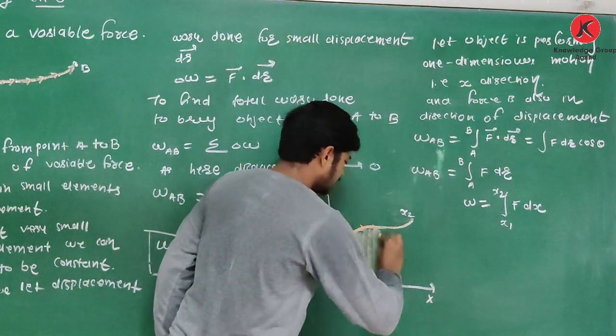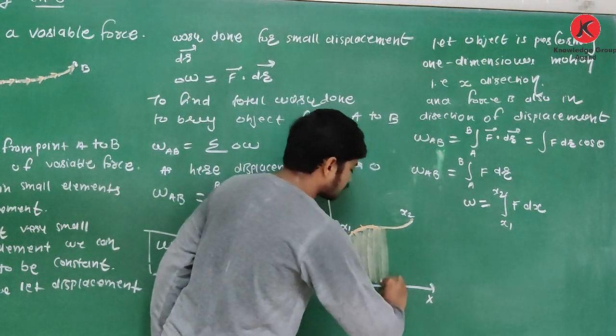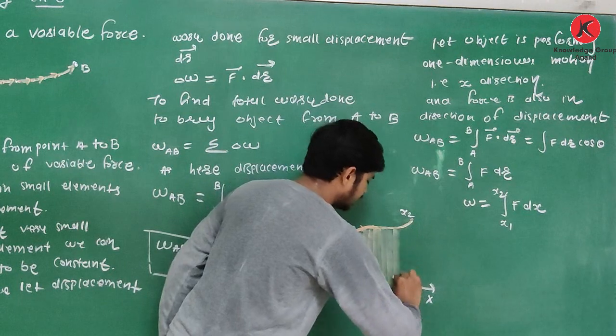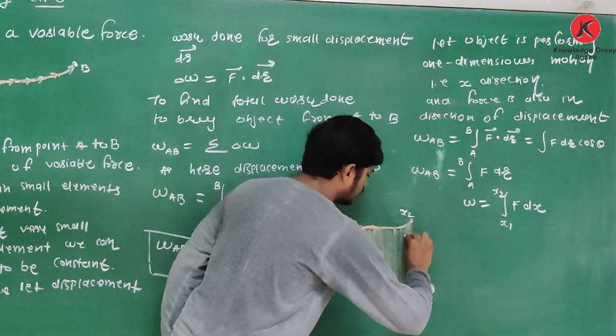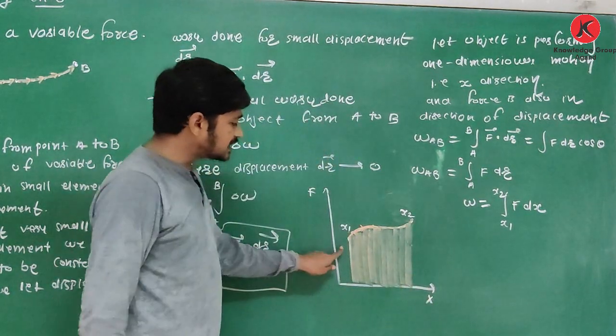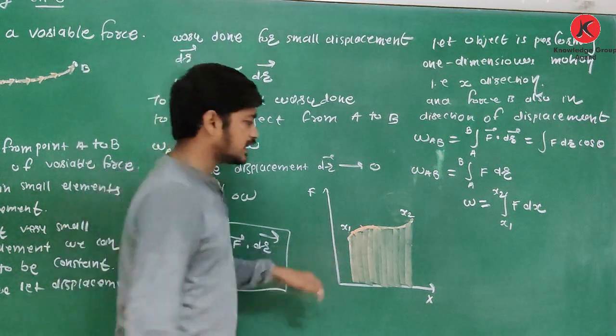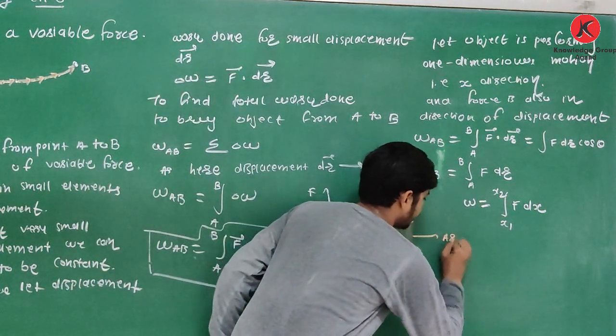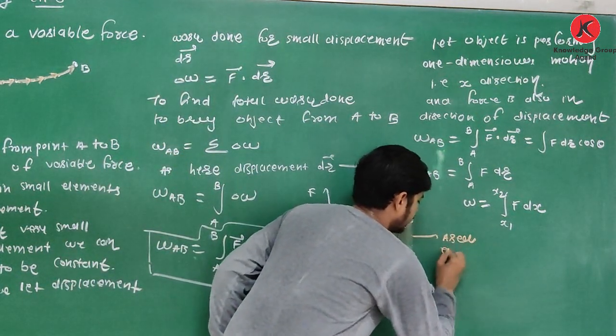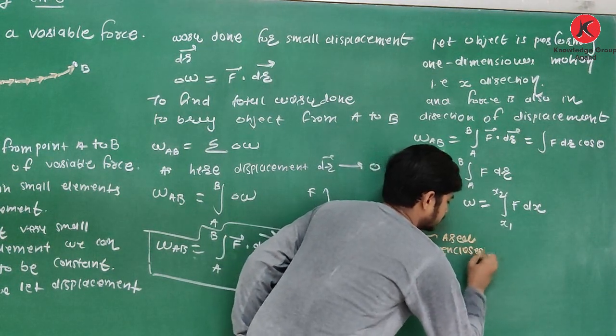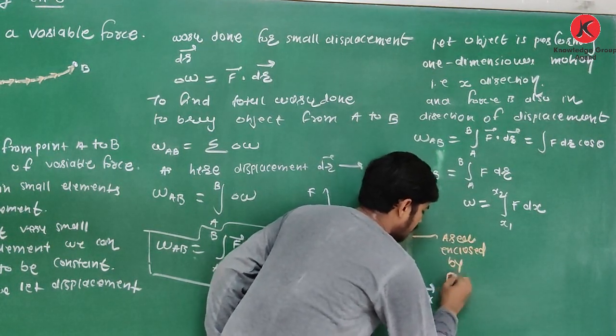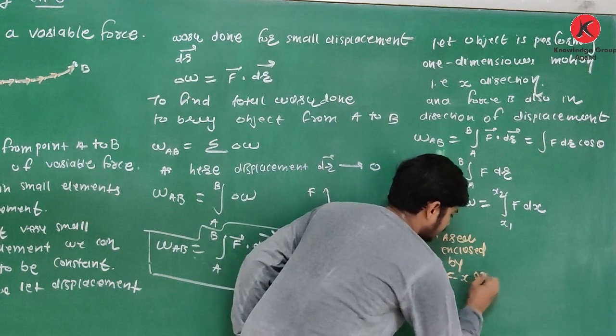So yes, if it is the graph from x1 to x2, then it is the area enclosed by the F-x graph.